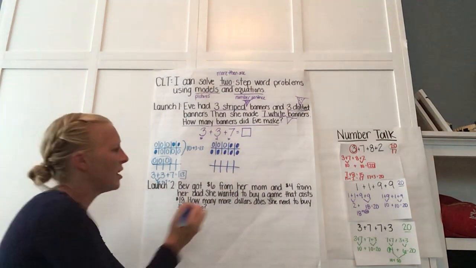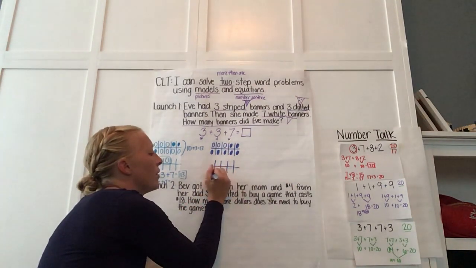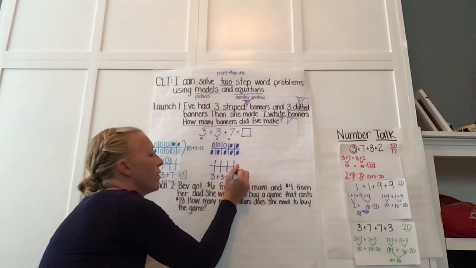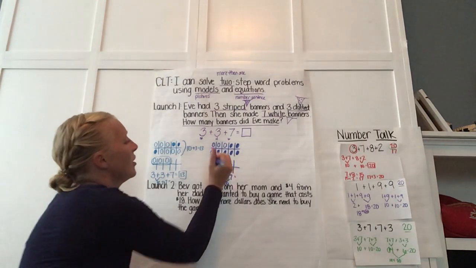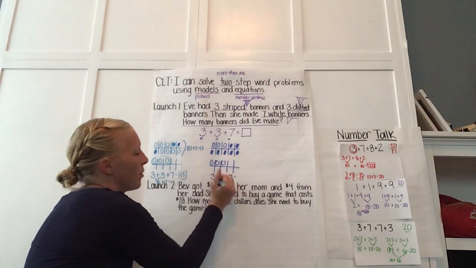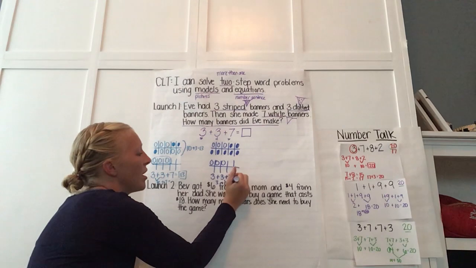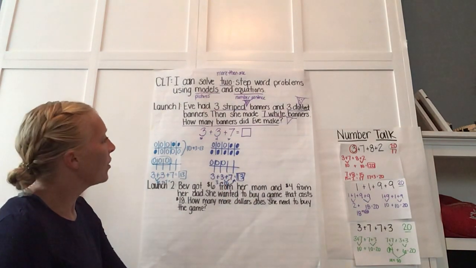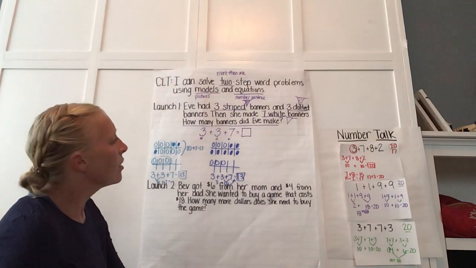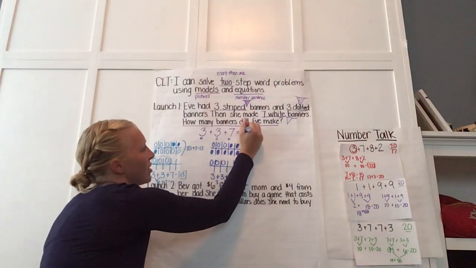And why did you do 3 plus 7? Because it equaled 10. And then what did you do? You did 3 more. And 10 and 3 makes 13. Wonderful. Absolutely. So there's that 13.